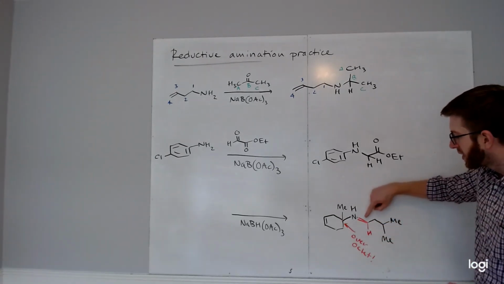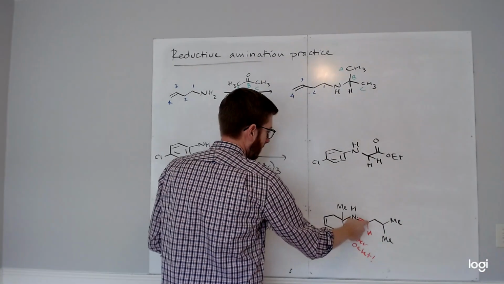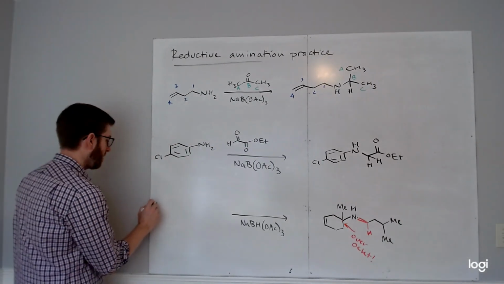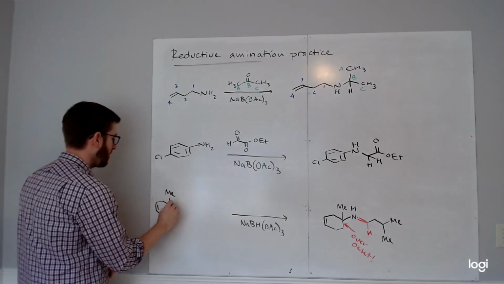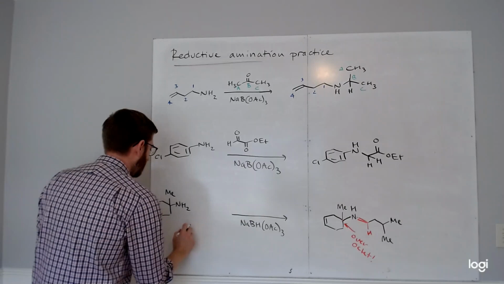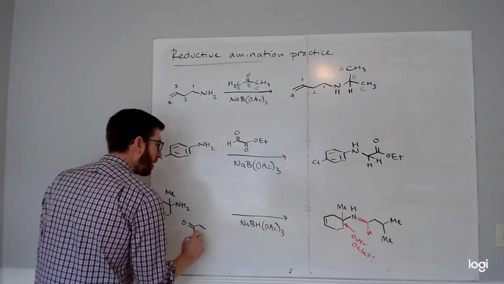Okay, so it looks like I've sketched out what would be an aldehyde if I took this back to the starting material. So it looks to me like we have an amine, looks like that, and an aldehyde, it looks like this.